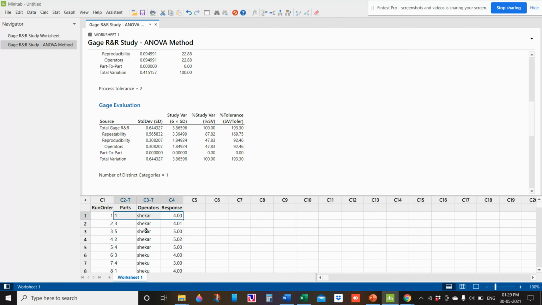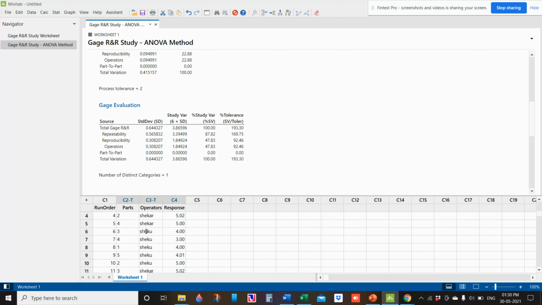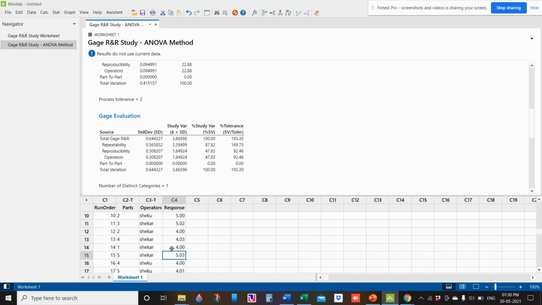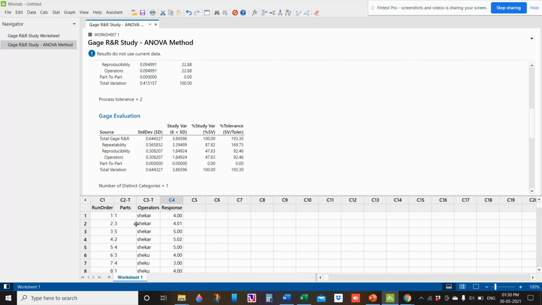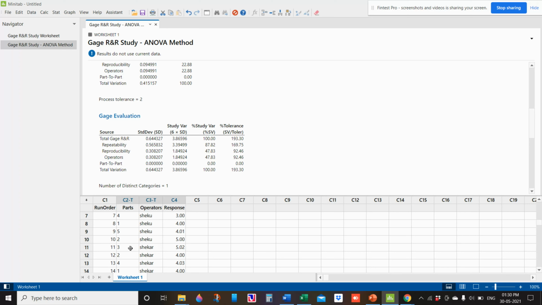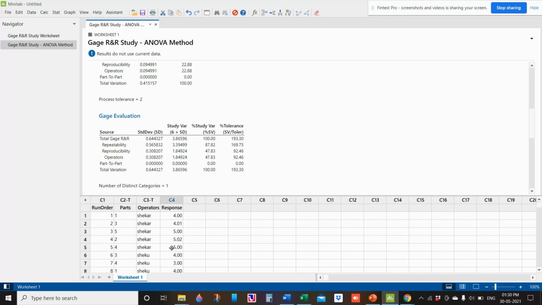The second time when he checked the first part he gave 5, so again I'll change it to 4. For the third part I gave 4.01, and again for the third part I gave 5.02. There is more variation.